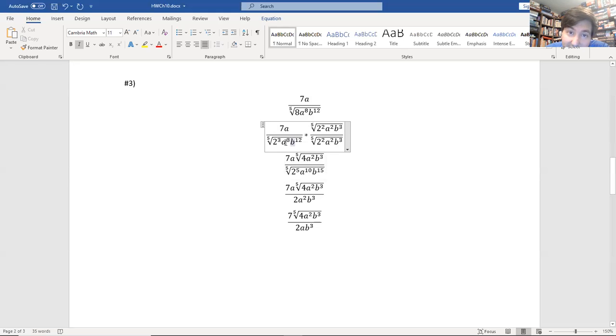And the question is, how many additional 2's, how many additional a's, how many additional b's am I going to need to get up to the next power that's divisible by 5? So if this has 3, that means I'm going to need 2 as the power for this one. That'll give me a power of 5 altogether.